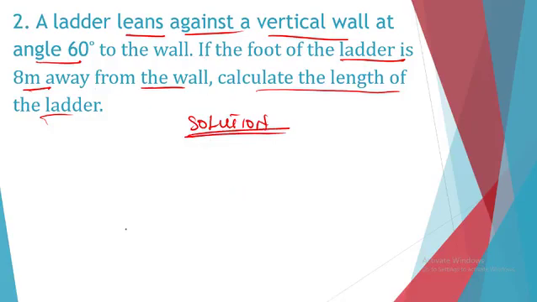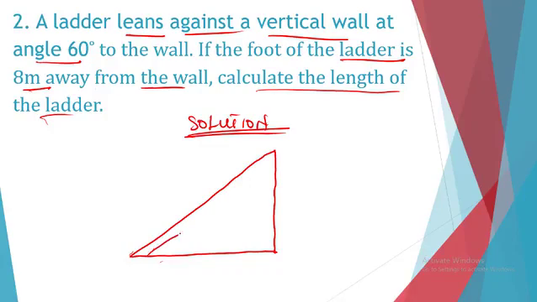Now, we said a ladder leans against a vertical wall. Okay? Now, we have a line and we have a wall. Right? And we have a ladder leaning on the wall. This is how a ladder looks like.